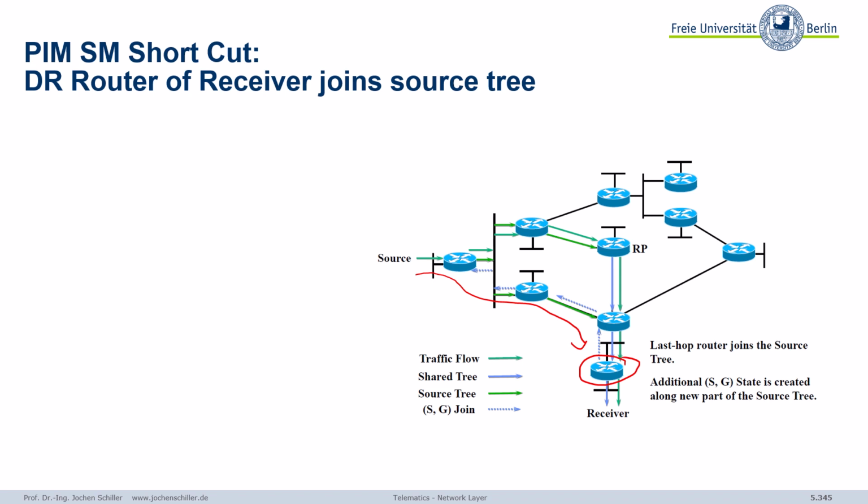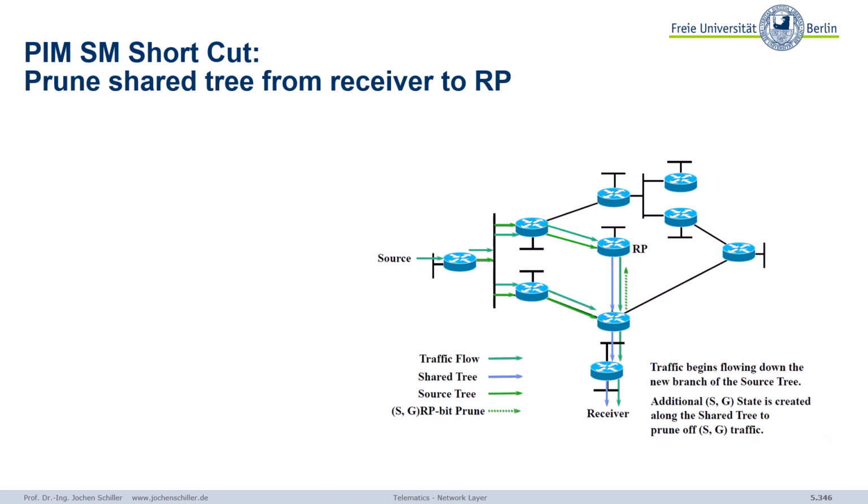The basic idea is to use the rendezvous point, but if a shortcut is possible, then you can use the shortcut as shown here, and then we can use prune messages, additional messages, to cut the traffic from the rendezvous point downstream to the receivers.